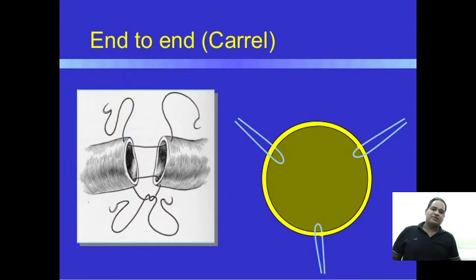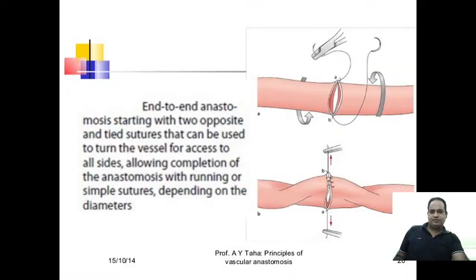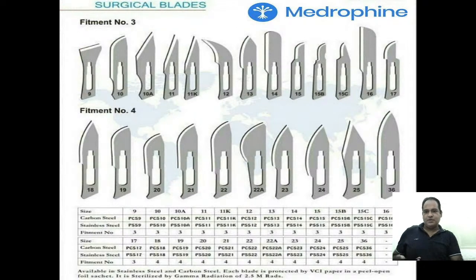This is Carrel anastomosis for blood vessels. The different number of blades. Granny slip. Yes, granny can slip. All well.